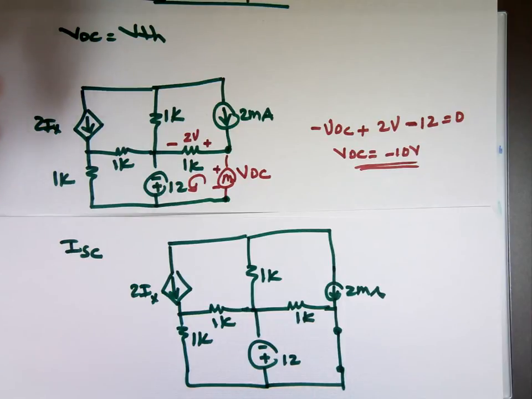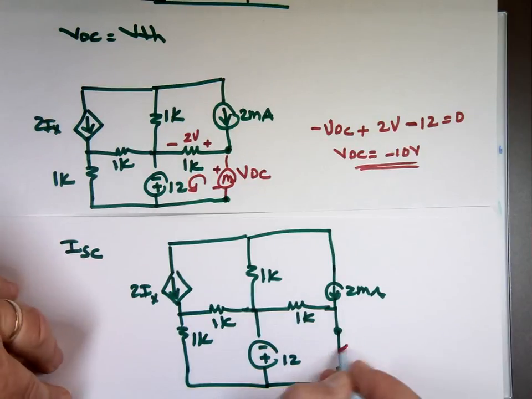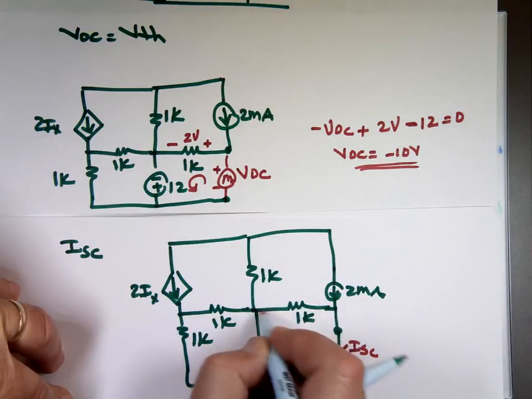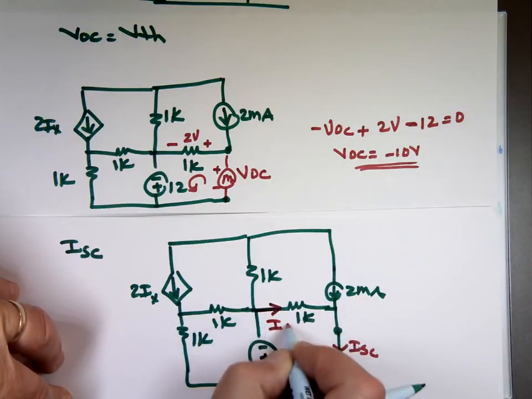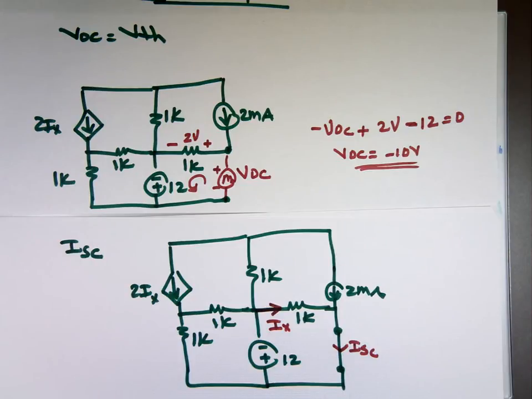I short circuit. And this is, where was I sub x? I sub x is going that way. We can use any method to find that.